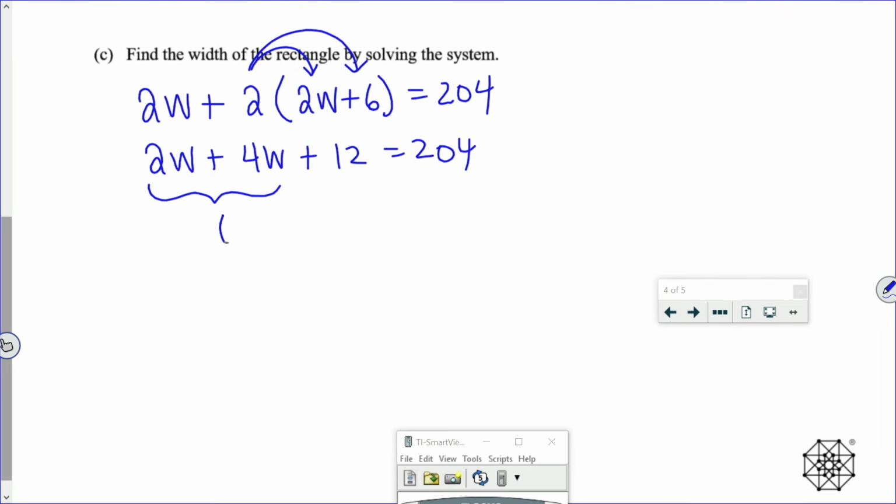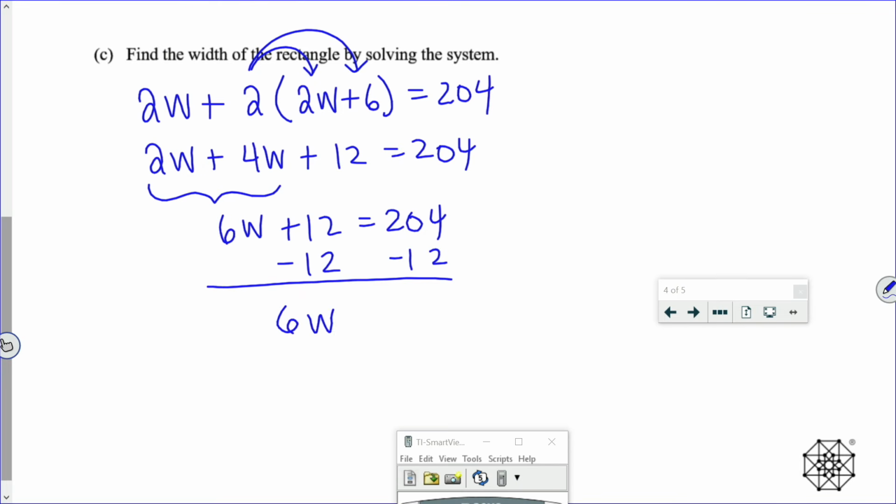2w and 4w can combine. 6w plus 12 is 204. I'm going to subtract a 12 from both sides. 6w is going to be equal to 192.